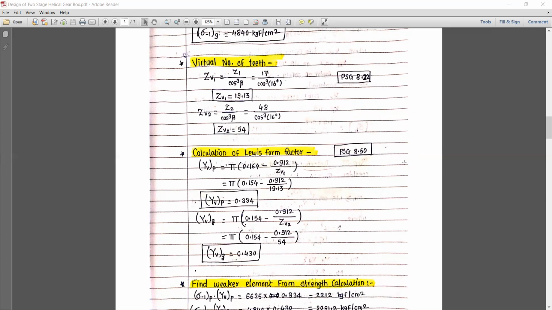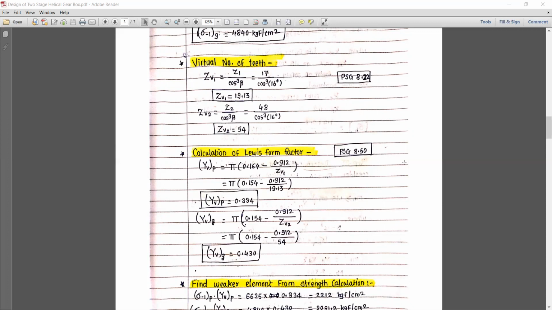The virtual number of teeth for the pinion, ZV1, is equal to Z1 divided by cos cube beta, so we get ZV1 equal to 19.13. For the gear, ZV2 is equal to Z2 divided by cos cube beta, that is 48 divided by cos cube of 16 degrees. So ZV2 is equal to 54.